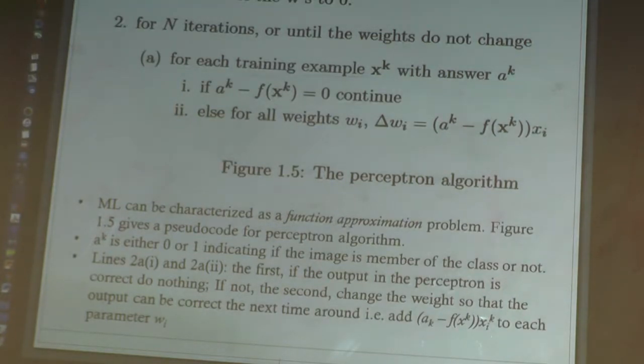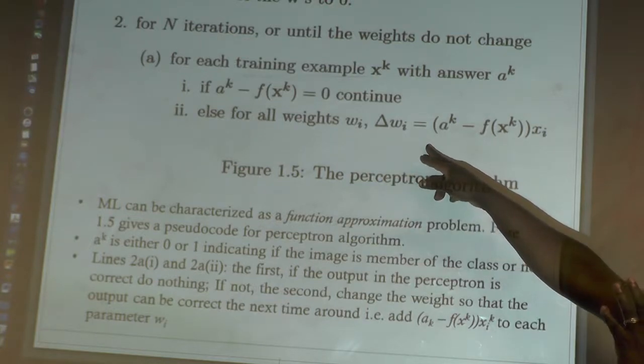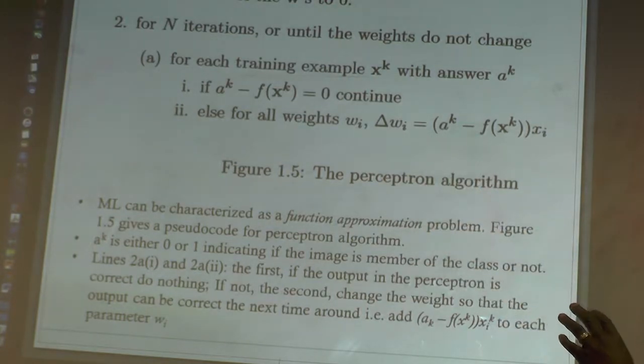So that's what is going on here. Okay? Again, the key word here is approximation. Approximation is the key word. Because what we are trying to do here, especially when we introduce the change in weight, is to approximate. Okay? So, machine learning generally is characterized by approximation.